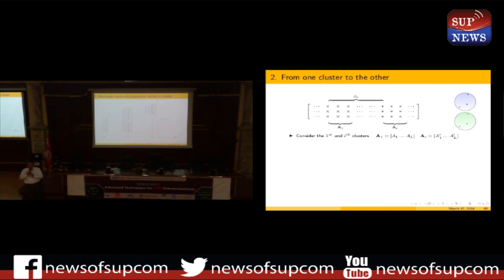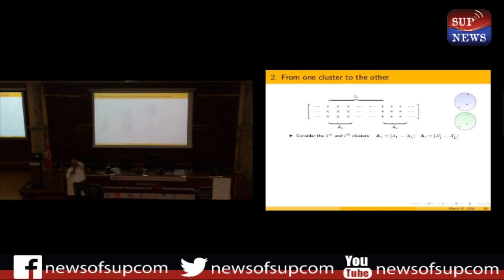So basically, I want to calculate things for one column, and then I want to add one more column in this cluster, and one more column in this cluster. And then I want to add a third column in this cluster, and then a third column in this cluster. How do I do it? Well, I've calculated things for the first column. I add one more. I can do the calculations recursively. And I add one more. I do the calculations recursively.